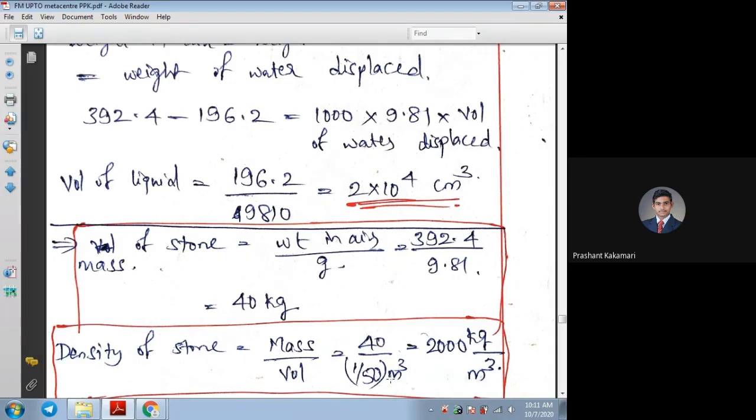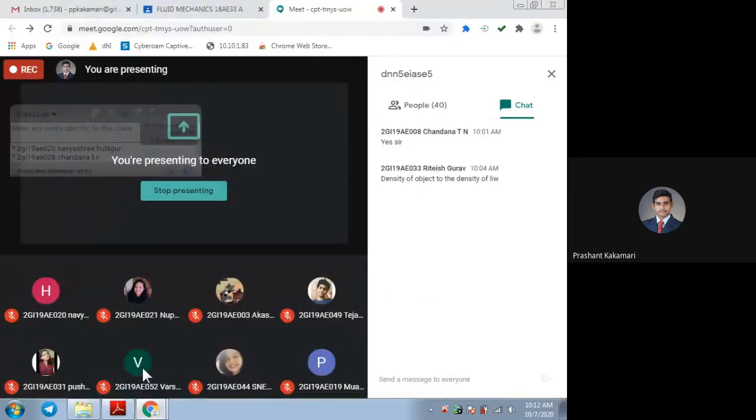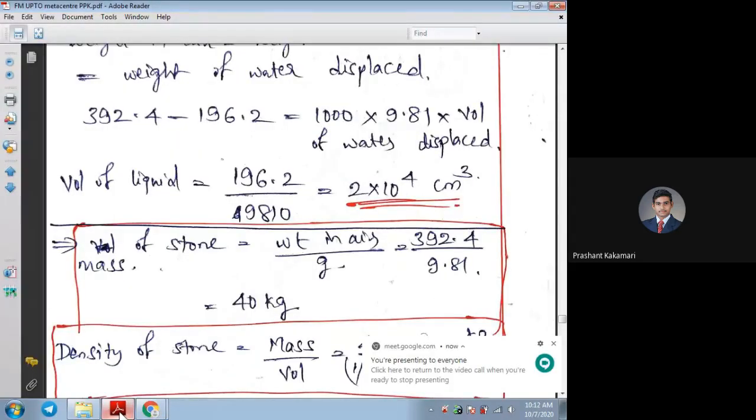So whether in meter cube, is it 1 by 50 or what value it is, you tell me. How much is the volume in meter cube?